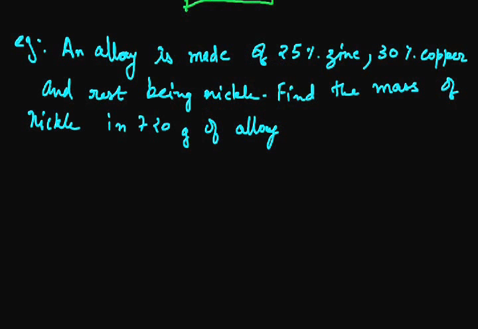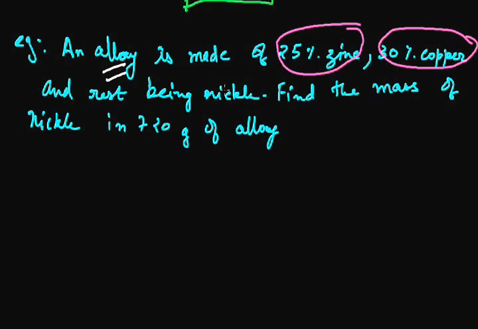It is a very good question. Here an alloy is a mixture of different metals or non-metals. Here this alloy is made up of 25% zinc, 30% copper and the rest is nickel. So there are three metals of which this alloy is made up, and we have to find the mass of the nickel if the total weight of the alloy is 720 grams.